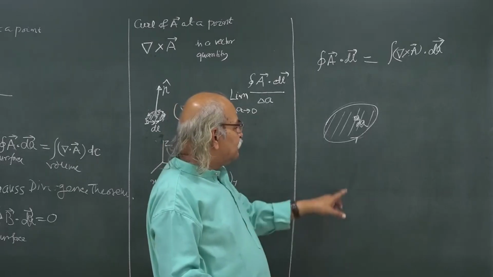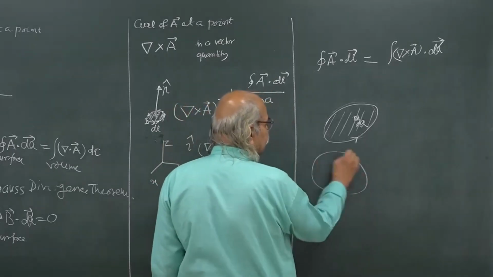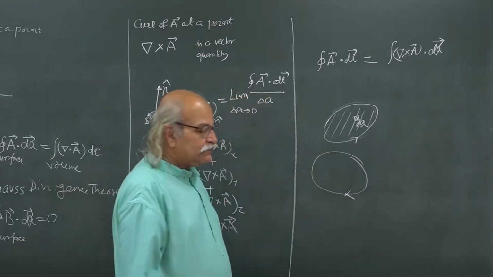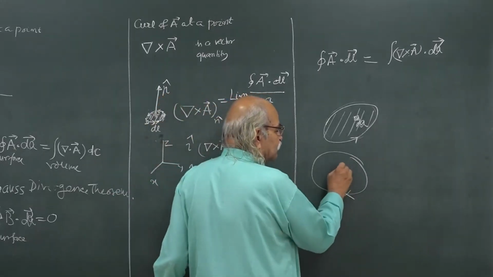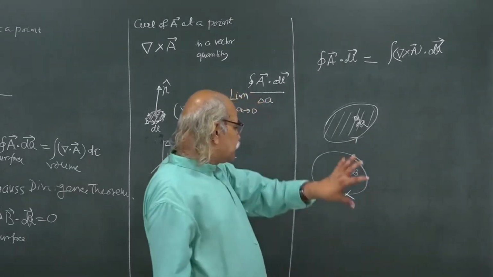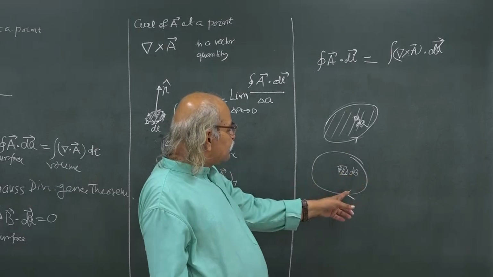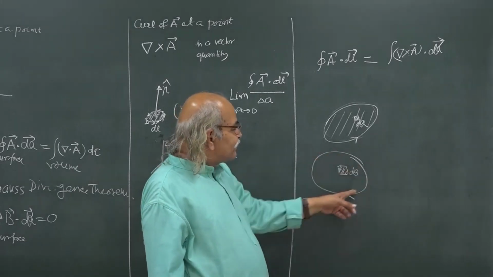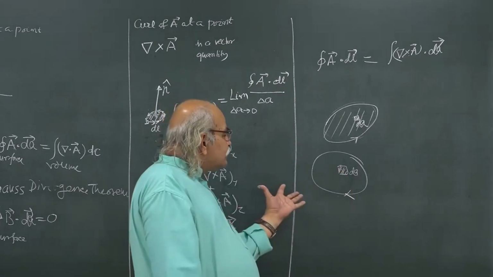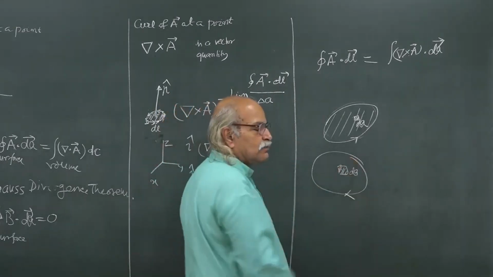If initially I take this area and put the arrow this way, no problem, but then if I construct this dA vector, here is that area dA, I have to see from here and I find that it is going in a clockwise direction. So, the direction of the area vector will be going behind the board, into the board.